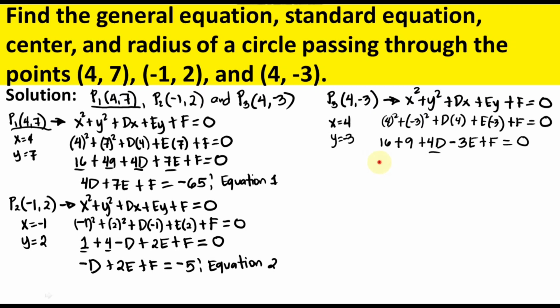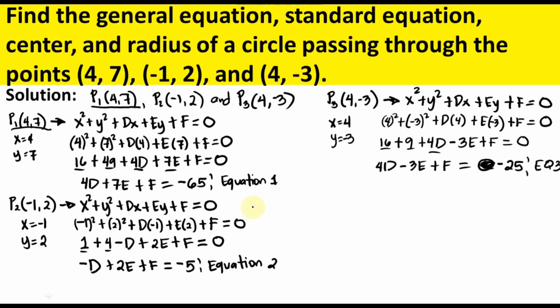Mauna yung 4d, next negative 3e plus f equals 0. Next, tingnan natin. Meron na tayong 16 plus 9. So that is 25. That is negative 25. So this is yung equation 3 natin. Equation 3.